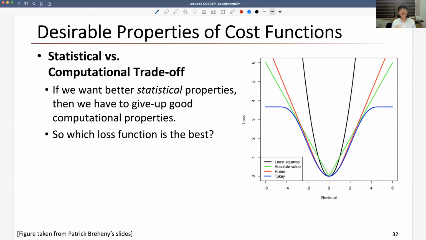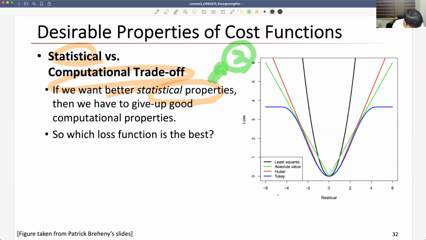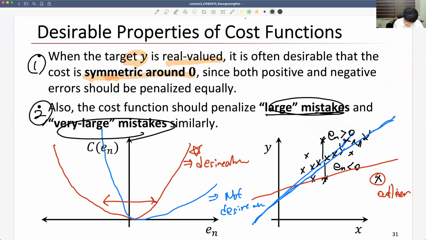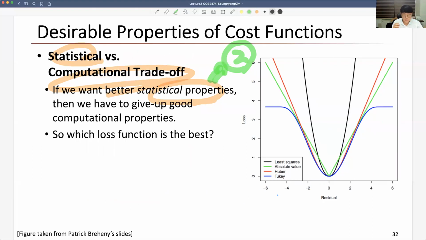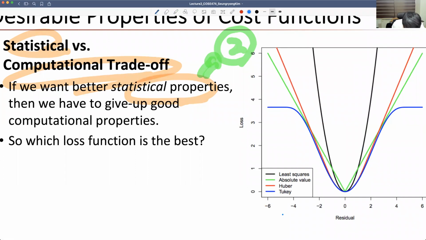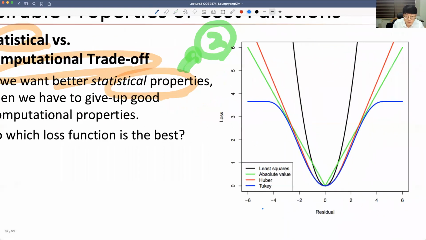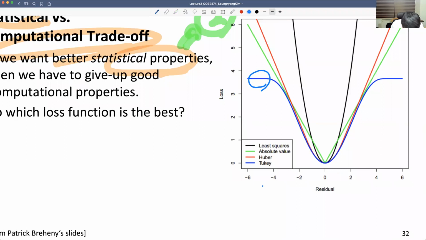Actually, there are several improved ones, but there is a trade-off between statistical and computational properties. If we want a better statistical property, that is actually the second desirable property. In here, the cost function should look like this, right?